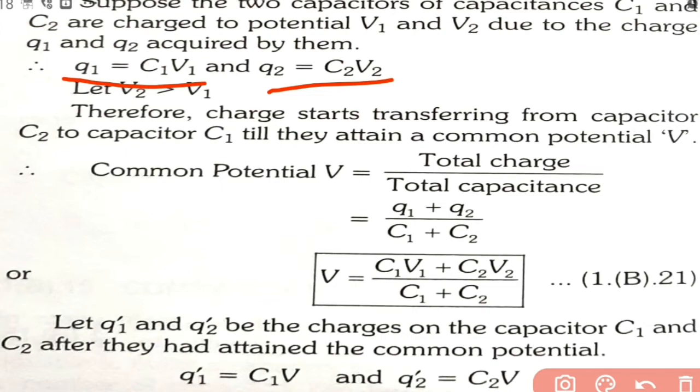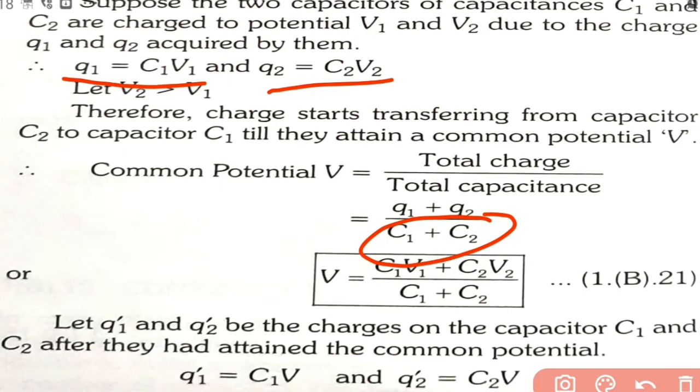In what way are the two capacitors connected? The two capacitors are connected in parallel. So what will be the effective capacitance? Effective capacitance will be C1 plus C2. And before connecting, the charges are Q1 and Q2, which are C1 V1 and C2 V2.